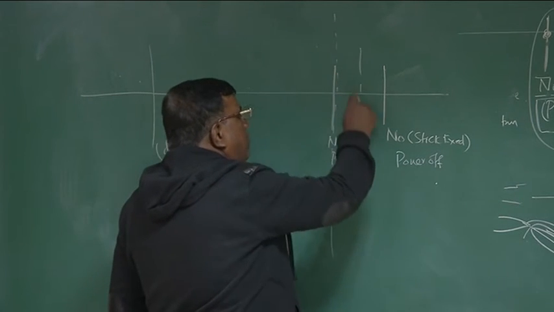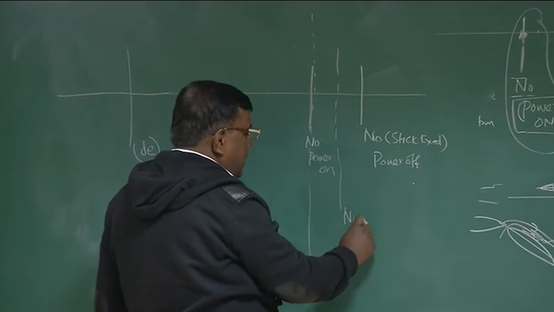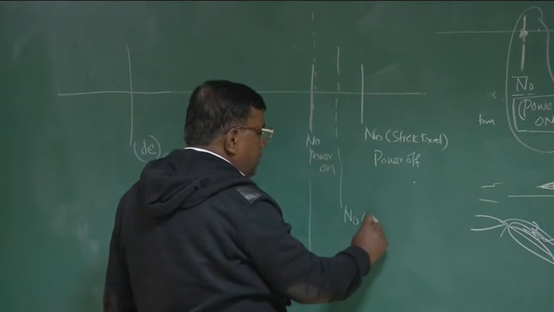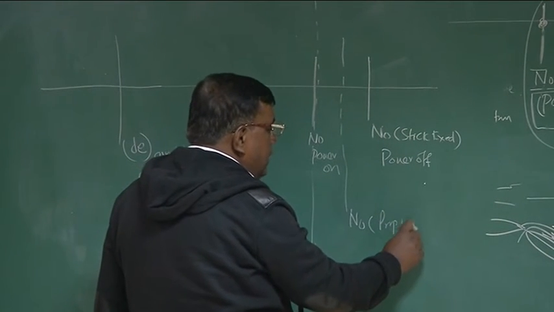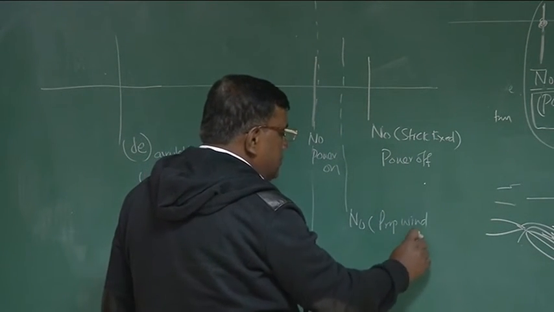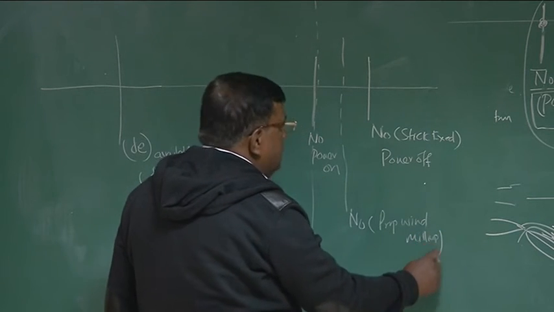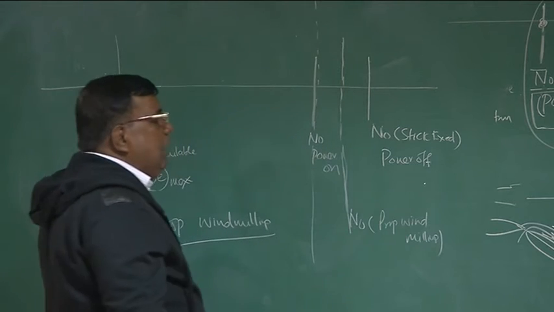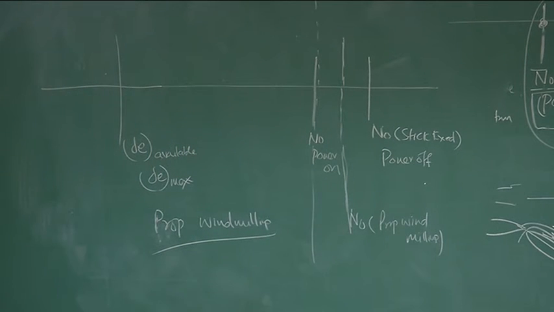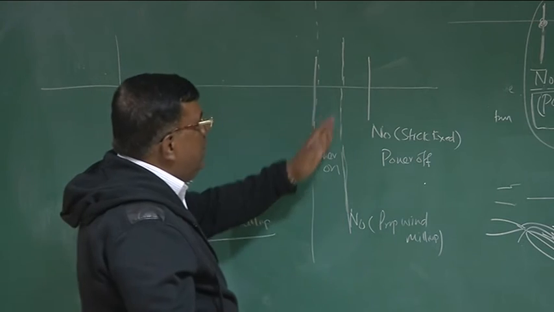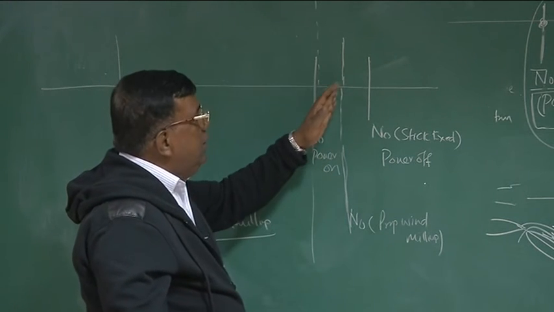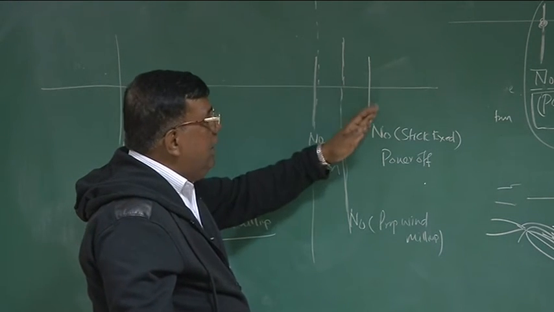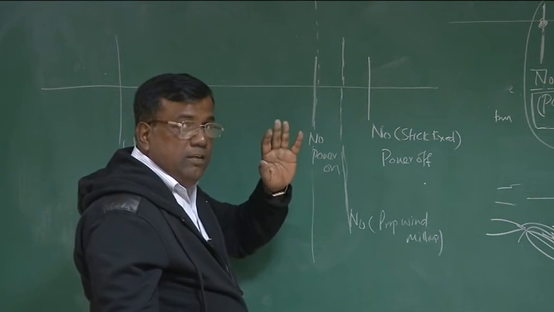So N0 power windmilling should come somewhere here. Especially during landing, I should be careful about it, because at that time N0 is somewhere here. N0 is not power on, it is a little behind, but ahead of N0 stick fixed. Do you understand this or not?